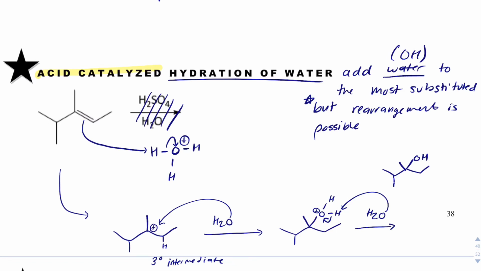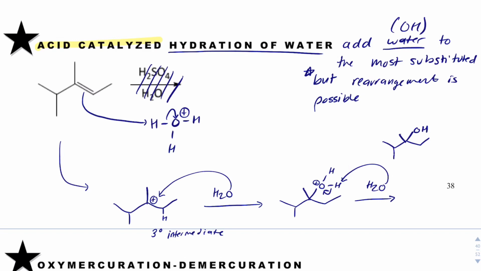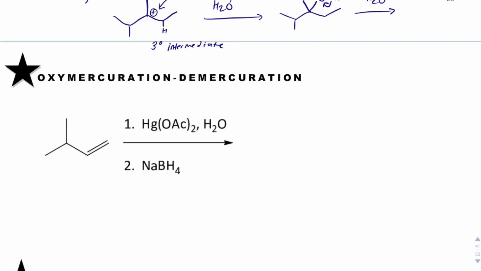So maybe halfway through, your catalyst might not be there, but it'll be produced at the end. The reason why this is annoying is that we could have some issues with rearrangement, and we'll talk about that later. So we can do this same reaction where we add water to the most substituted carbon down here.